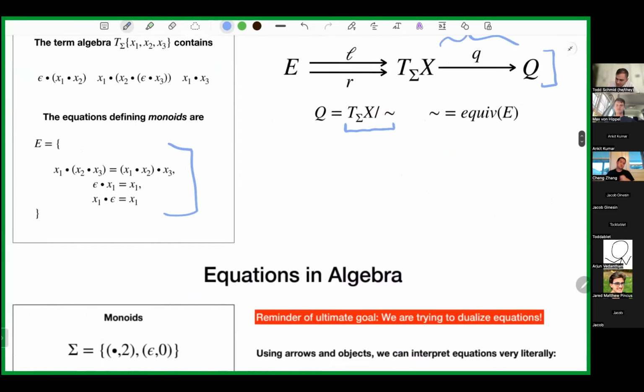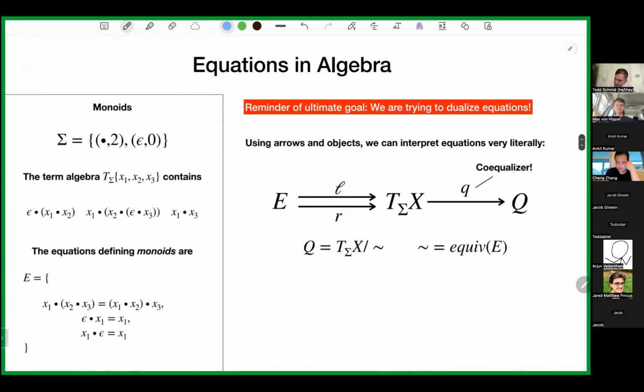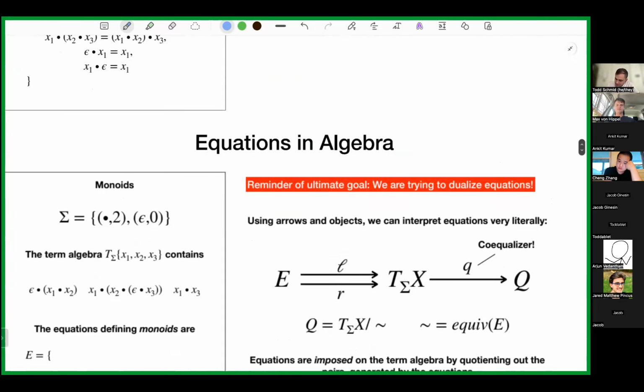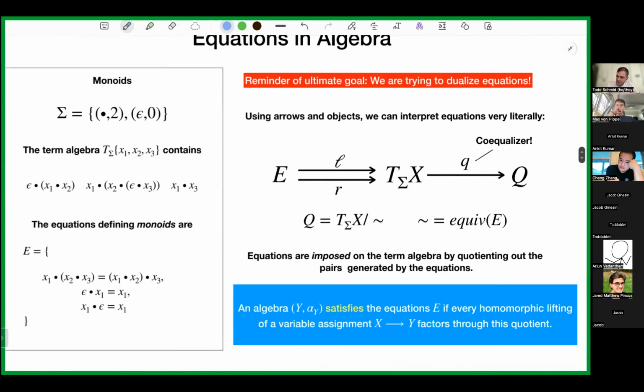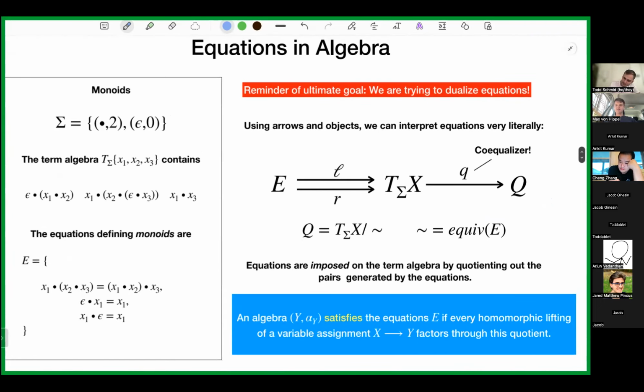So we can even say that a monoid is any algebra, let's say, I think I was calling them Y before. So an algebra is just a set and an interpretation of the operations.